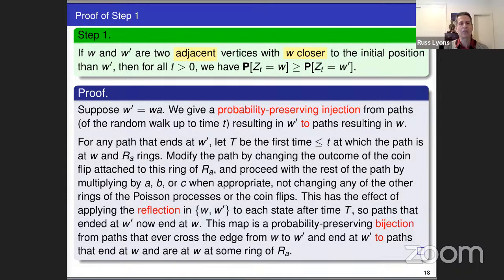We can say exactly which ones they are: the ones that end at W and were at W at some ring of refresh clock RA. So you can go back and forth just by changing what happens at that time, capital T. And so it's actually a bijection. So that proves step one via coupling. So I think that provides a good understanding for this inequality.